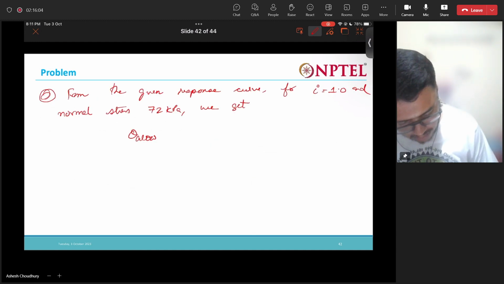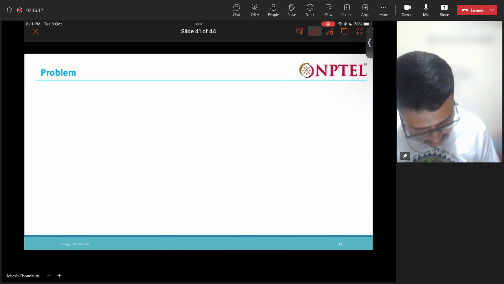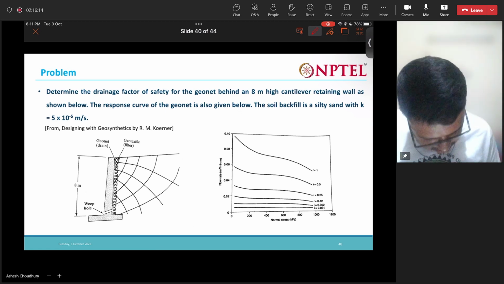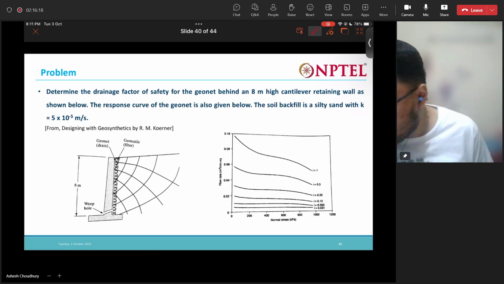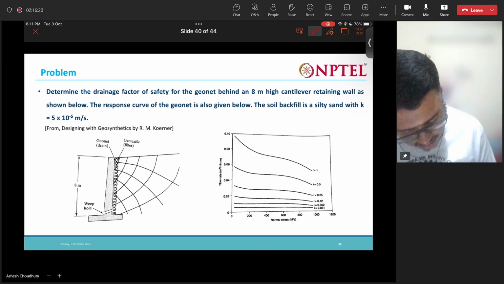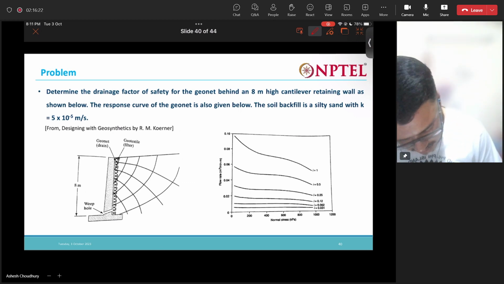This won't be the allowable, right? This will be the ultimate value. Theta ultimate is equal to, so you can see various i values and this normal stress. So almost 72 will get close to 0.1. So here we will get something like this, right? So we have something here. So approximately what you can do, you can take 0.94.